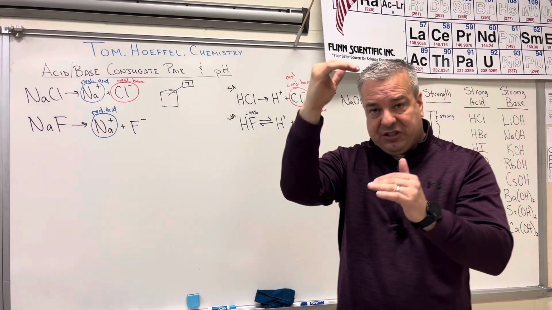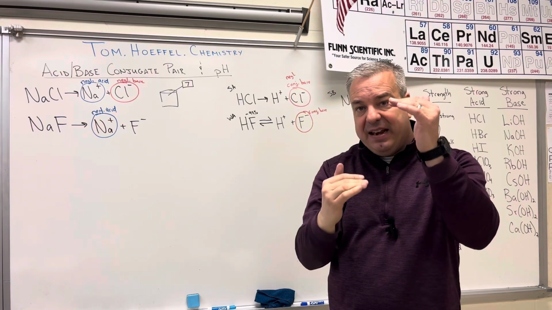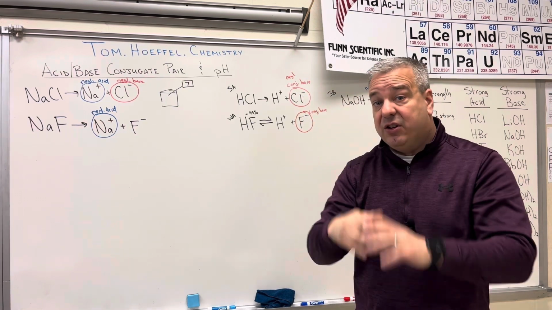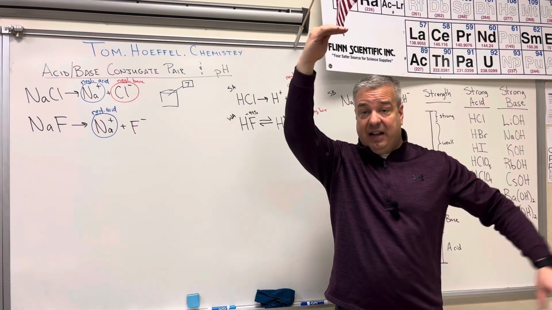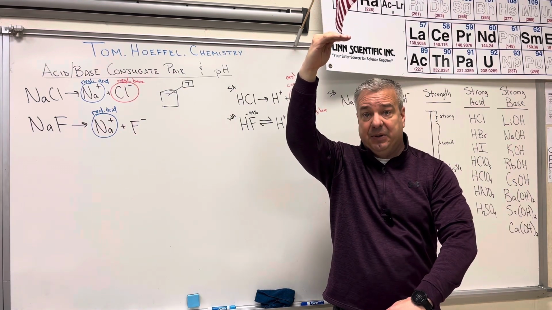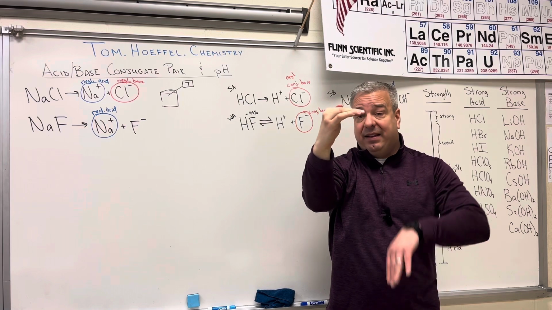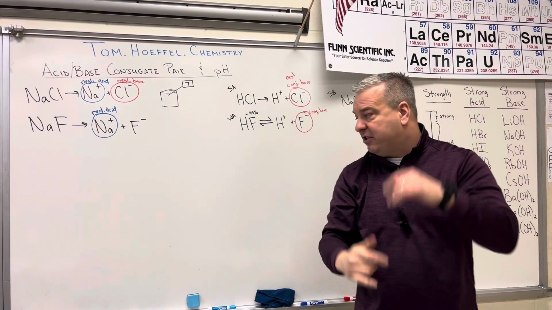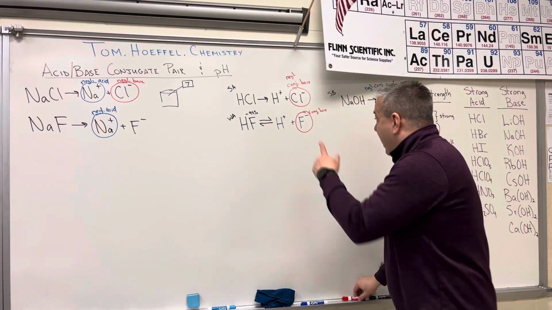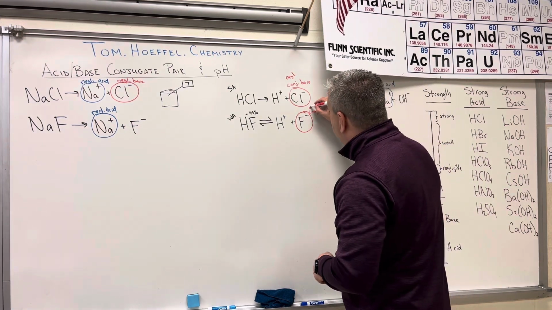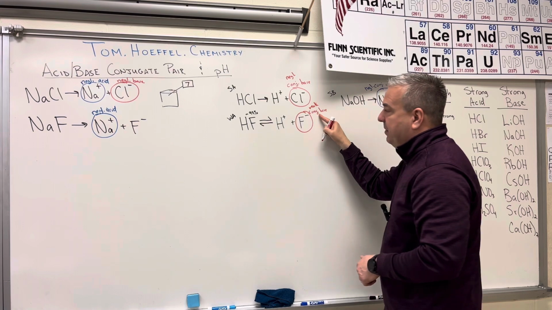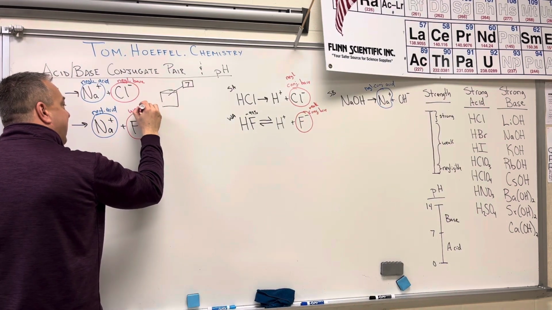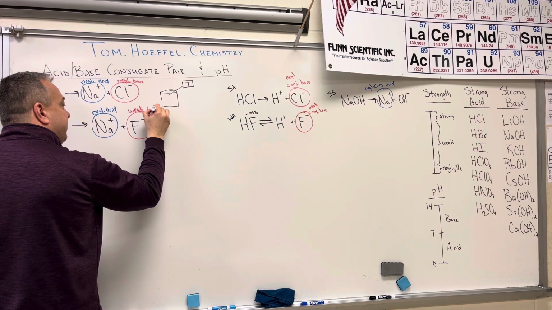Remember, there's this inverse relationship between the acid and the conjugate base. If you start out strong, your conjugate is negligible. But if you start out weak, the conjugate is going to be weak. So I'm going to identify this as a weak conjugate base, and I'm going to label this as a weak base.